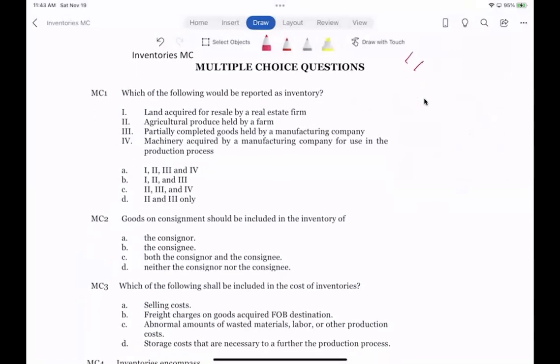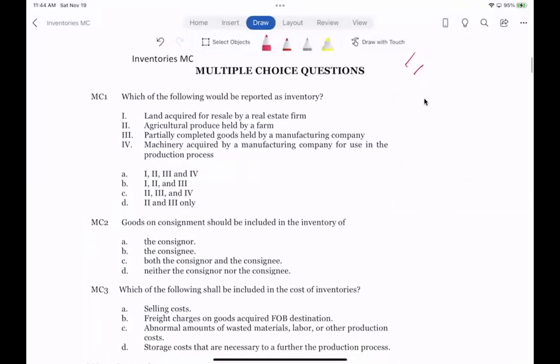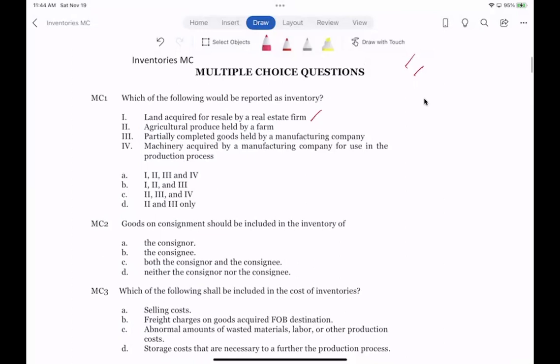Which of the following would be reported as inventory? 1, land acquired for resale by a real estate firm. As far as the real estate firm, that is good held for resale, so that is inventory. Agricultural produce held by a farm, that is also inventory.